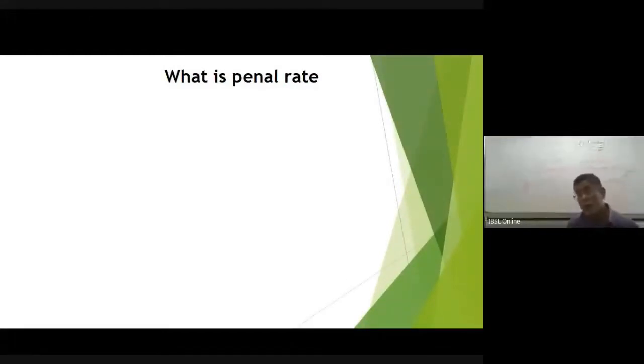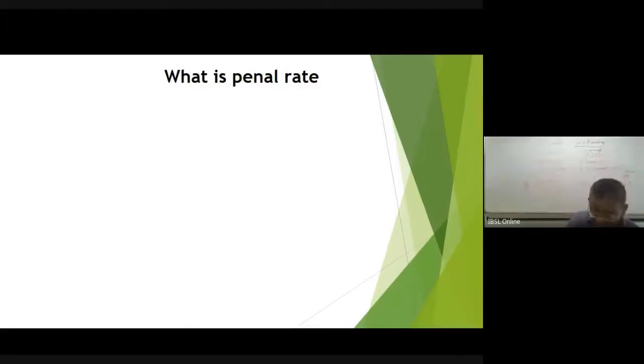Now under COVID-19, the central bank has given directions to all banks not to charge any penal rate from customers. Say for example, you take a credit card. If you do not pay the specified amount, they will charge you a penal rate.